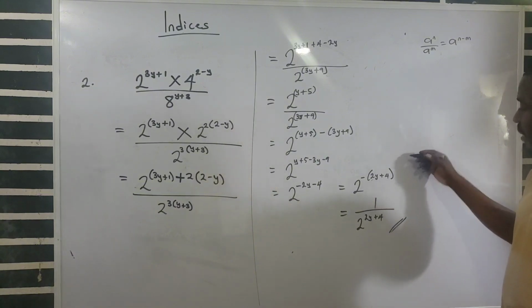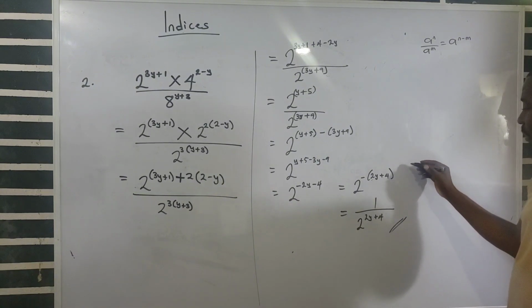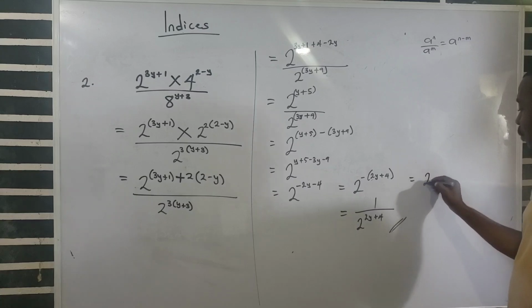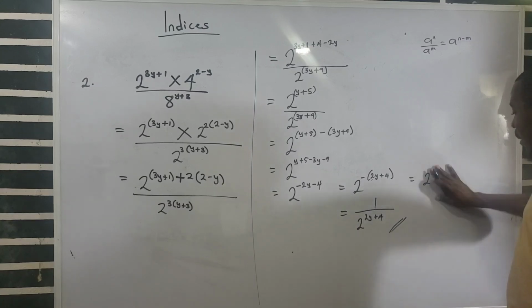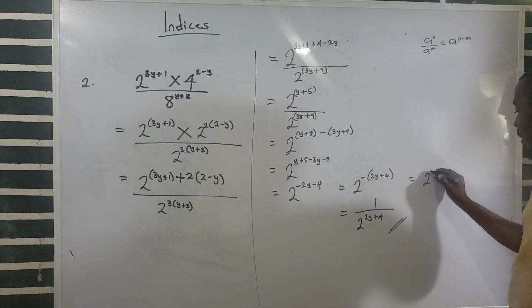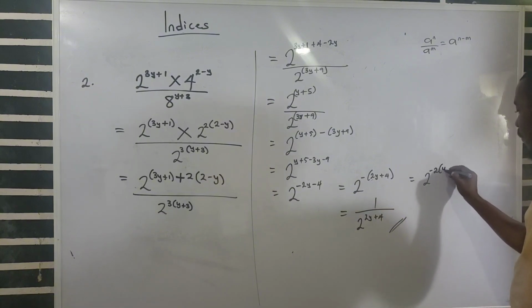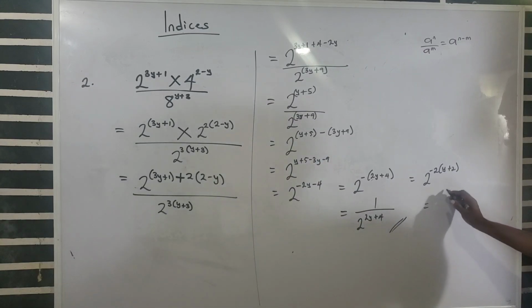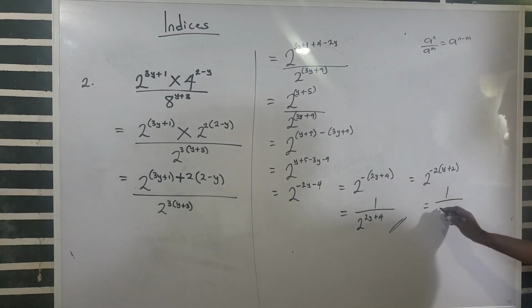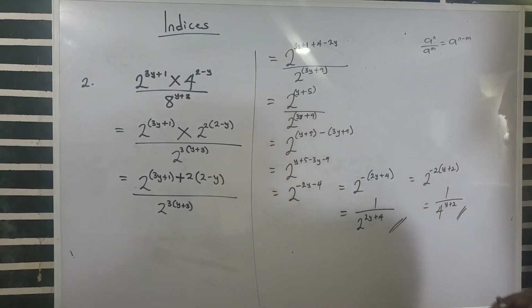So when you do that, if you decide to bring 2, which is common, let's have it like this: 2 into minus 2y plus 2, which will give you 1 over 2 raised to power 2, which is 4, into y plus 2. So whichever way you decide to leave your answer, that is perfectly correct.